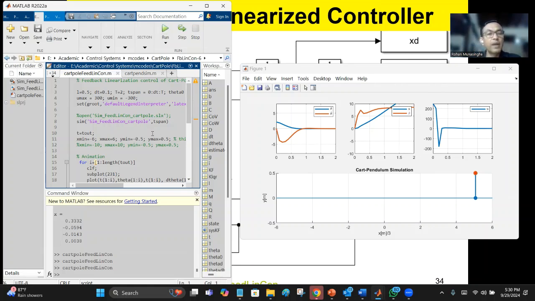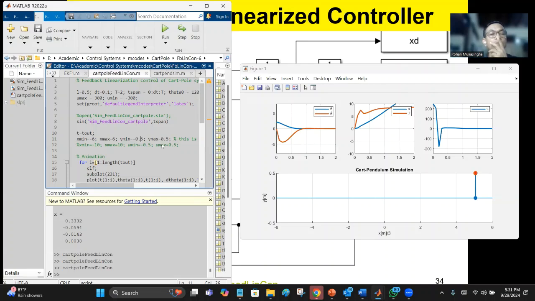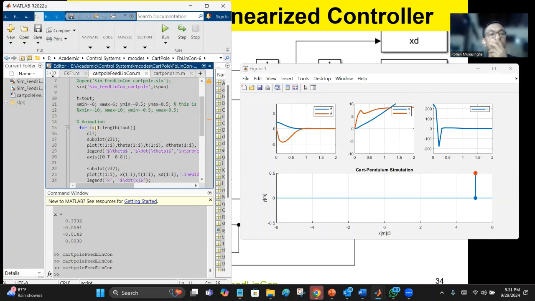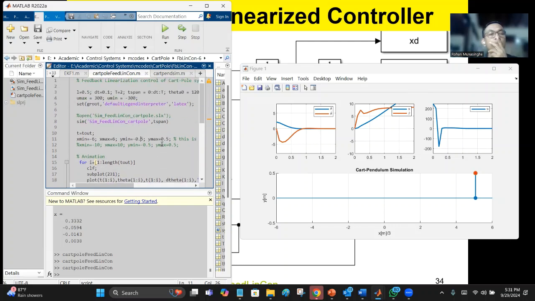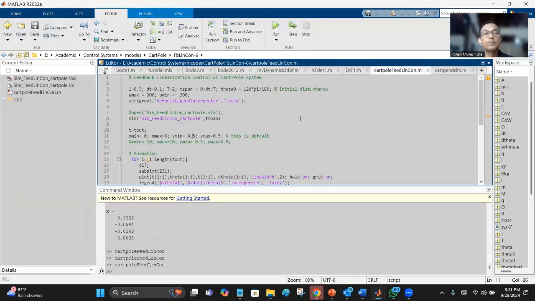If I come back to the MATLAB code to show you the initial deflection, how much is that? 120 degrees.